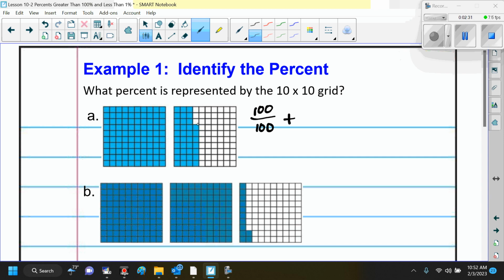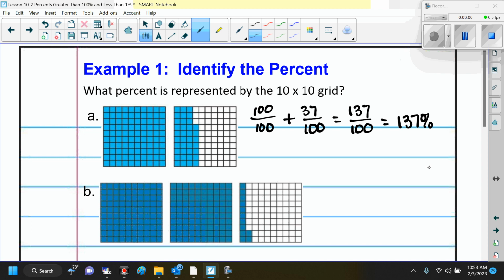Plus, what's the fraction for this one? 37 over 100, right? So when I add those together, it's going to be 137 per 100, which is 137%.